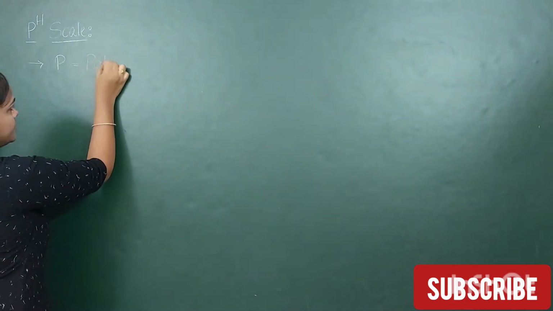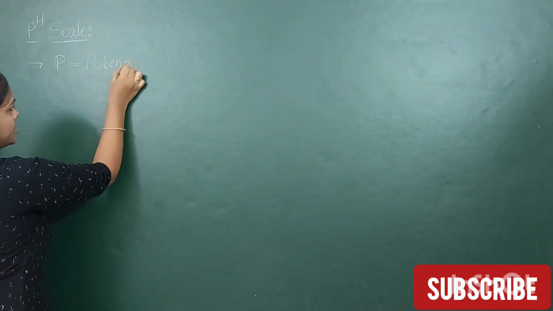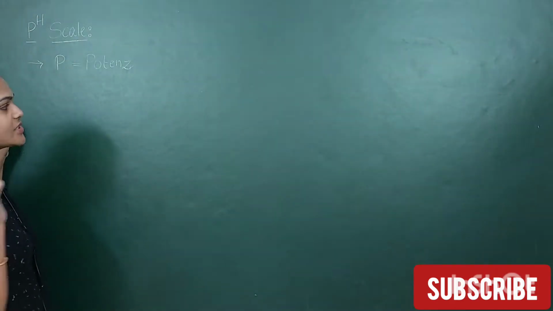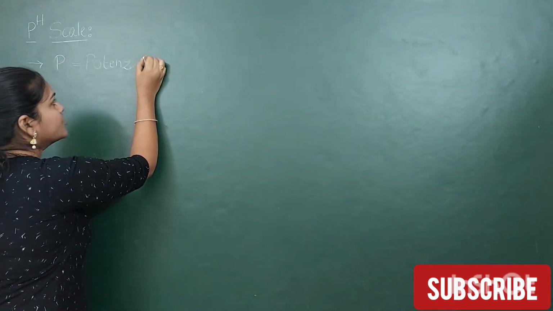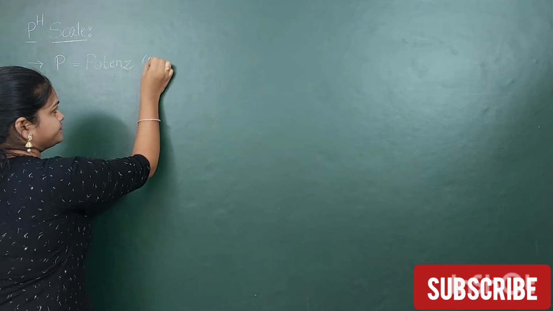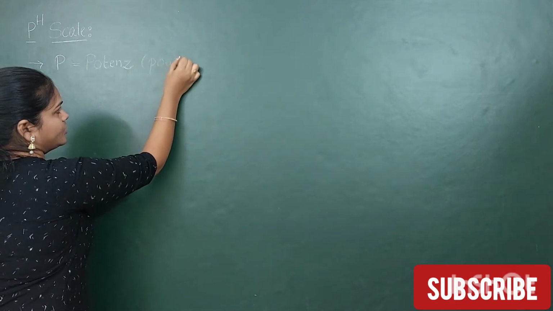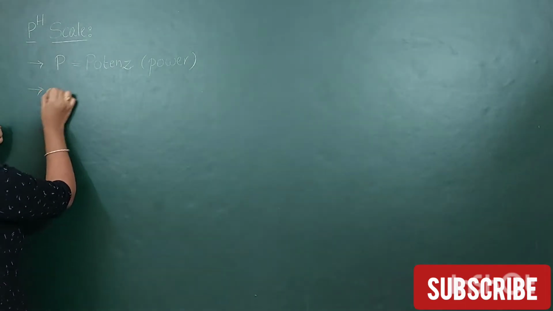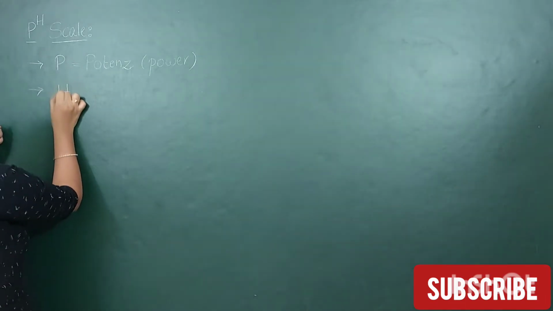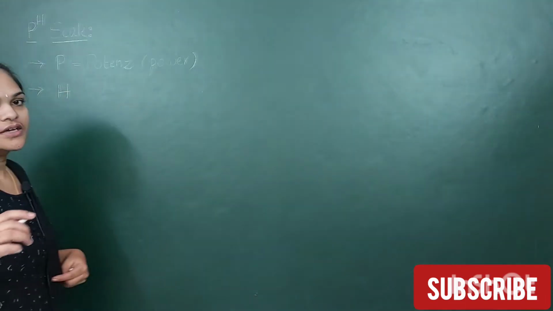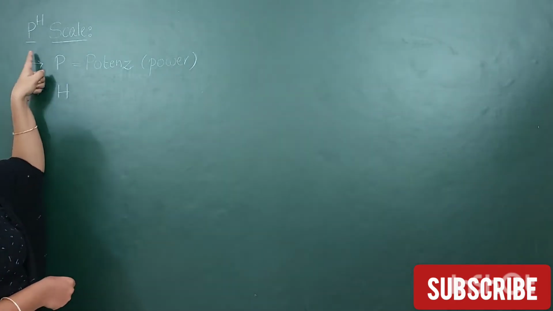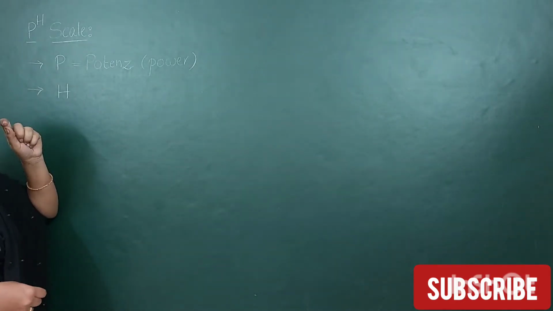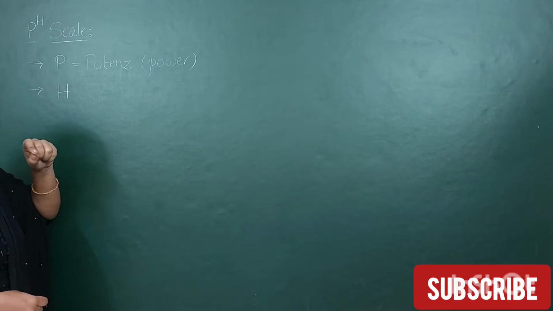P means potential. It is a German word. The meaning of it is power. And H means the number of hydrogen ions which are present in that solution. By using the pH scale we can say the acid strength and the base strength.